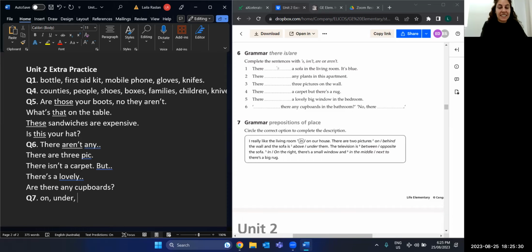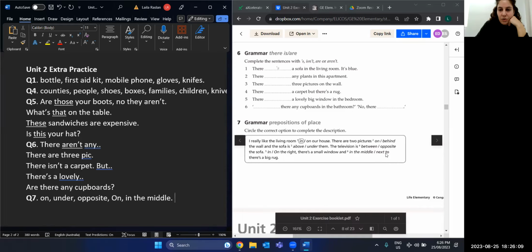The television is, yeah, opposite the sofa. Do we say in the right or on the right? On the right, on the left, on the right. There's a small window and in the middle of the room, there's a big rug. Because only next to, if it said, and next to the window, there's a big rug.